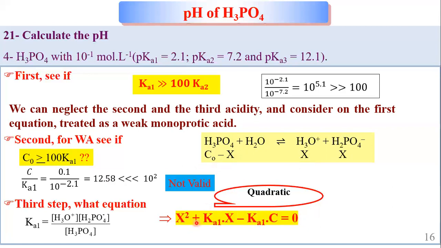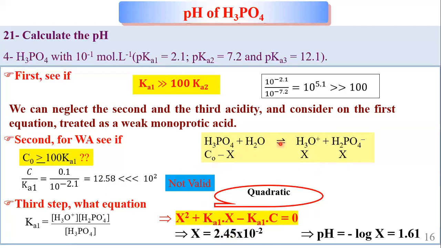Easy. X squared plus Ka1 times X minus Ka1 times C, which is the initial concentration of the acid in the solution. Substitute everything in, guys. Substitute Ka1, substitute Ka1 times C, get a quadratic, solve for X. What is X?